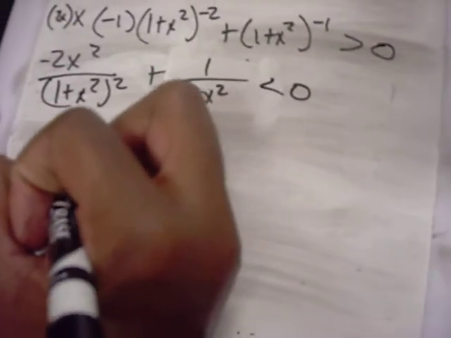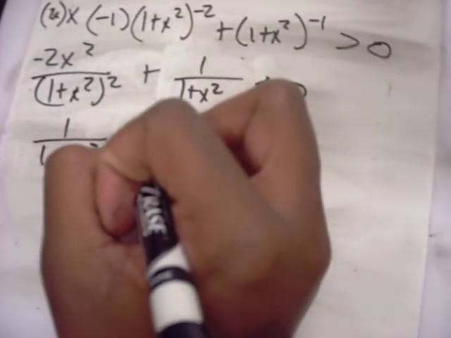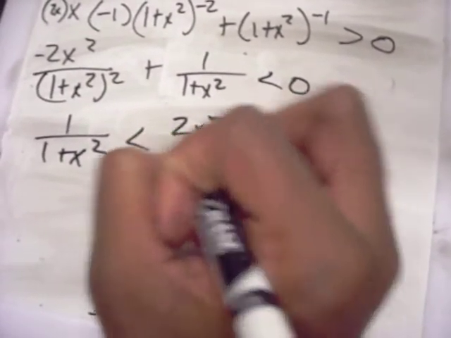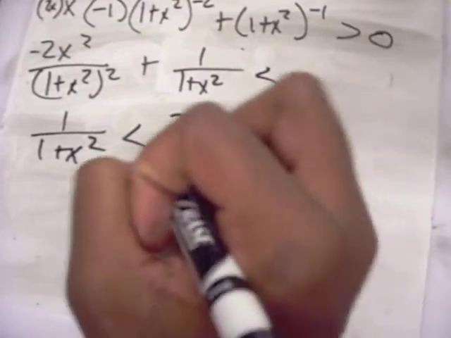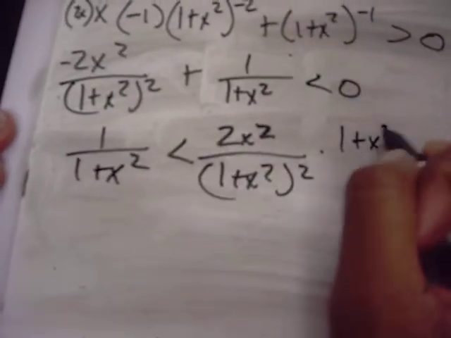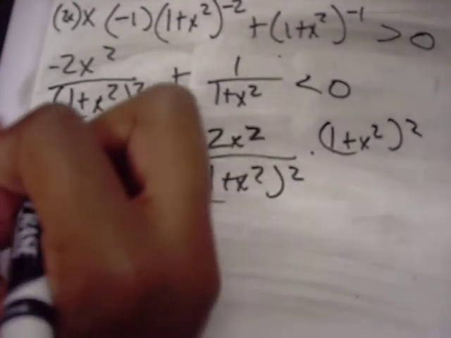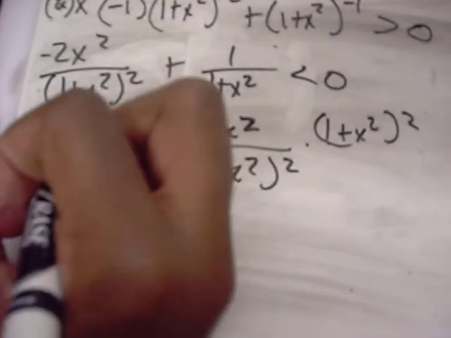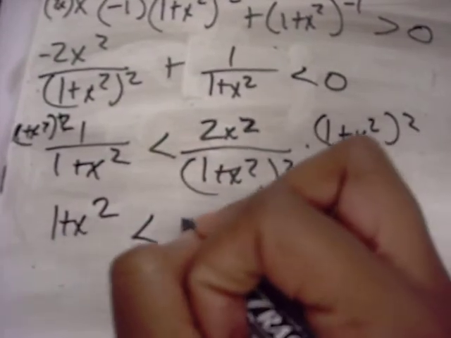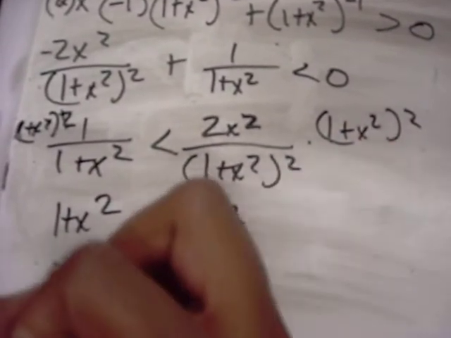Now, part C, you do the same thing, except your sign is flipped. And so you're going to be left with 1 over 1 plus x squared is less than 2x squared over 1 plus x squared squared. And you do the same thing and multiply by 1 plus x squared squared on both sides. And you're left with 1 plus x squared is less than 2x squared.